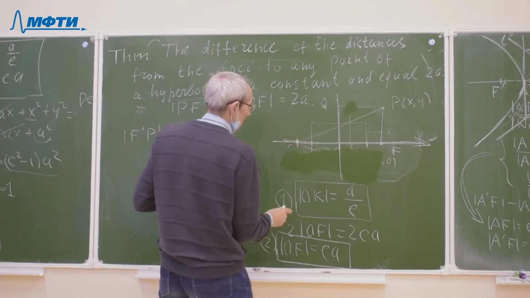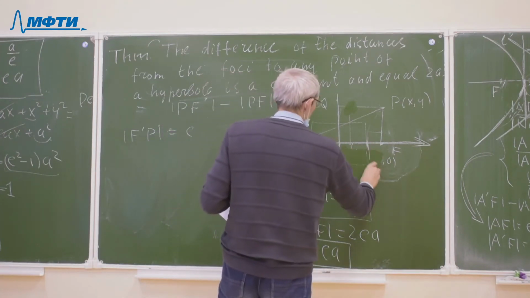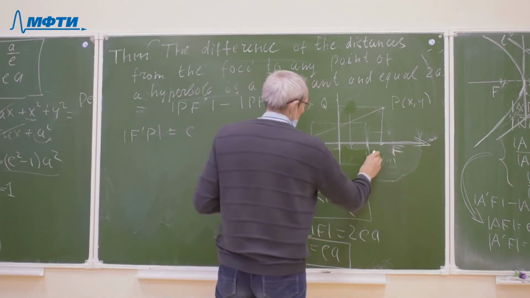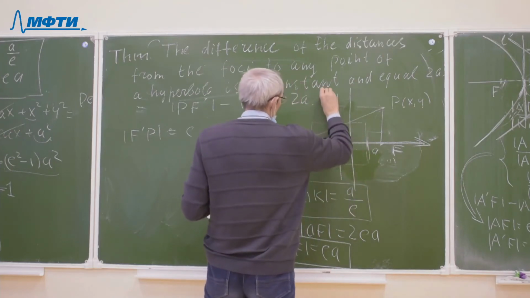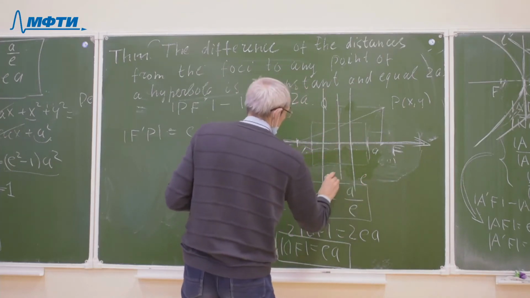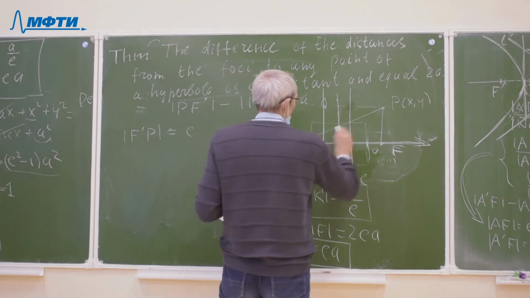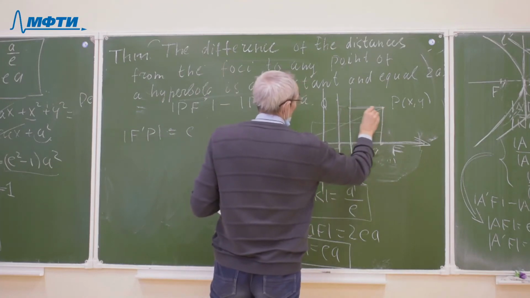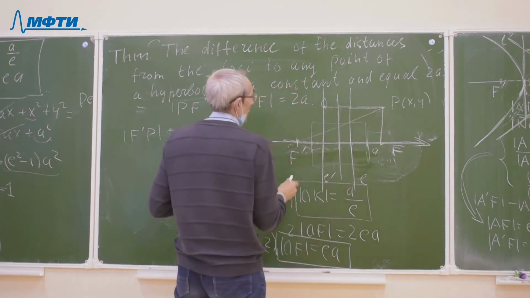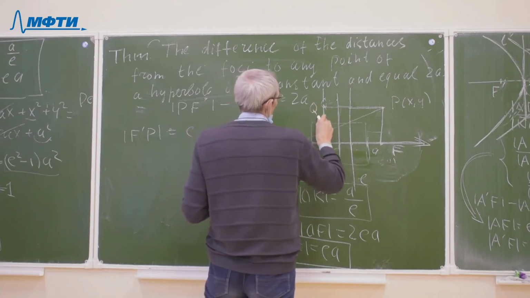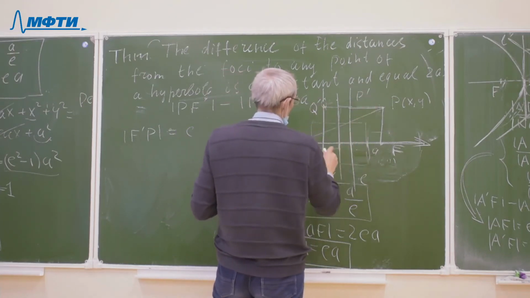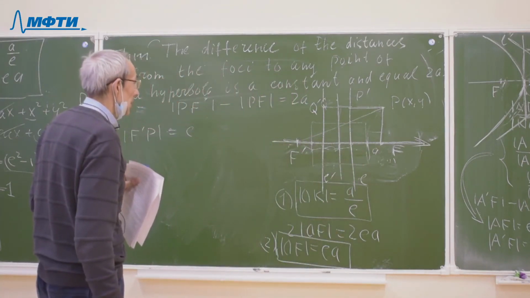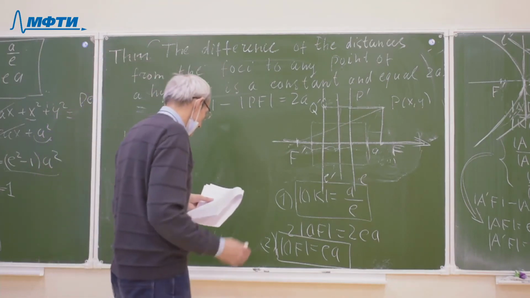I'll try to draw better. F prime, F, A, to straight lines L and L prime, this distance and this distance. And you consider two points Q prime and Q.